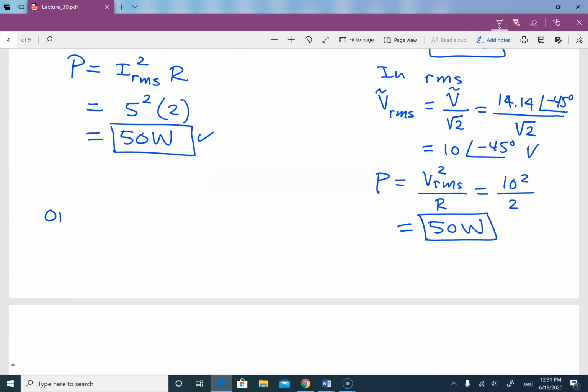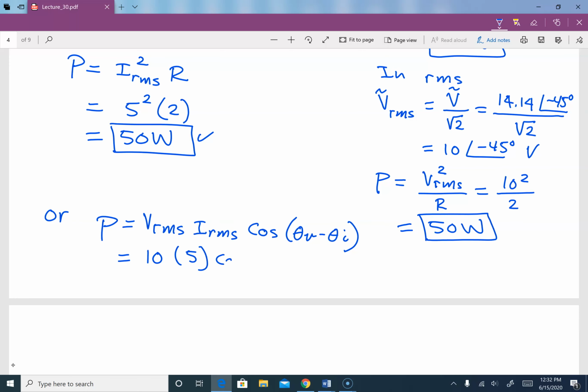Or we can use P is equal to VRMS times IRMS times cosine of theta V minus theta I, and that is equal to, our VRMS value is 10, our IRMS value is 5, and then cosine of negative 45 degrees minus negative 45 degrees.